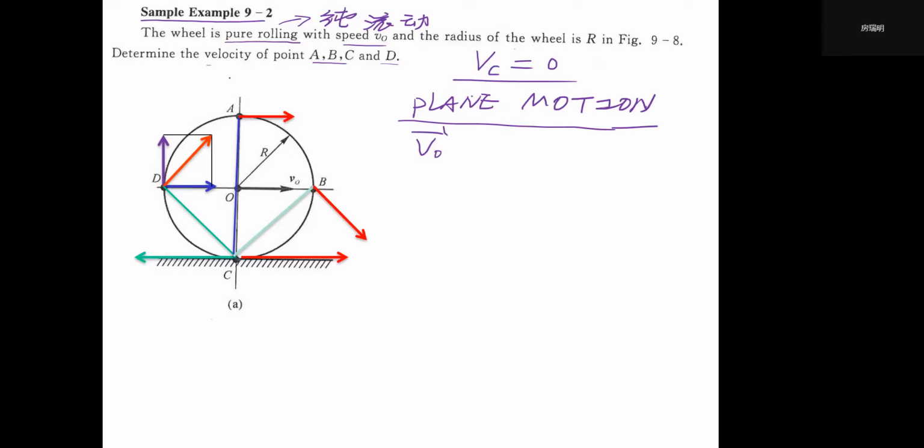Then we can write like this. First, maybe we try to analyze point A. So we have VA equals V0, this is the pole point, right? Plus VAO. Then first we should give the directions. This should be V0. Another is VAO.